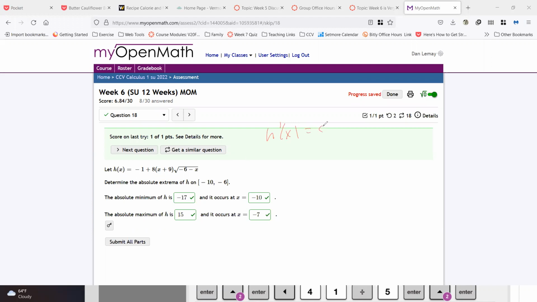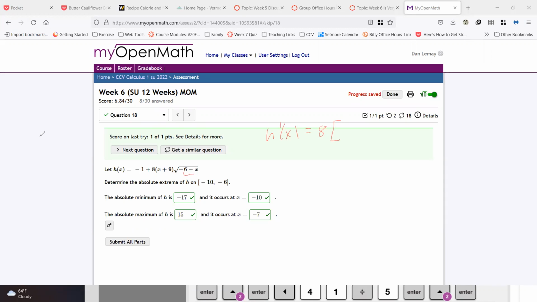So what I'm going to do is leave the 8 out there in front. We know that constant multiple rule about derivatives, that can just come along for the ride. And then I've got a product rule going on. I've got a chain rule going on underneath the square root.